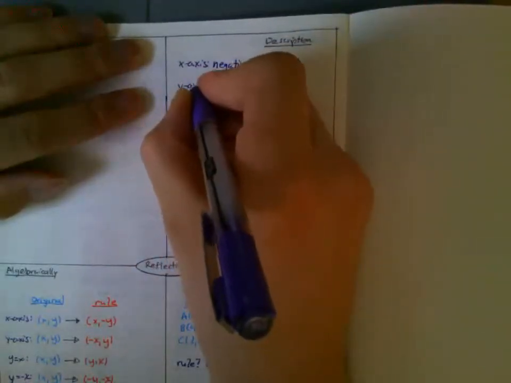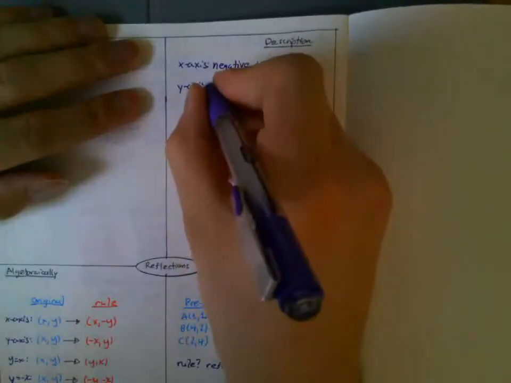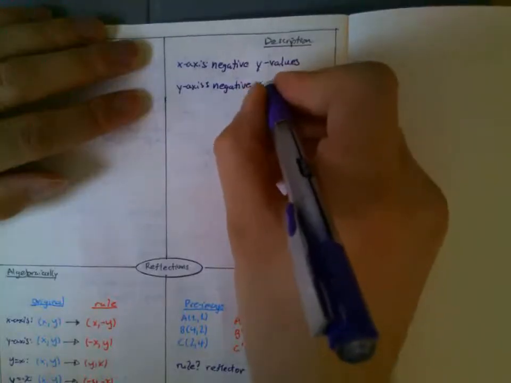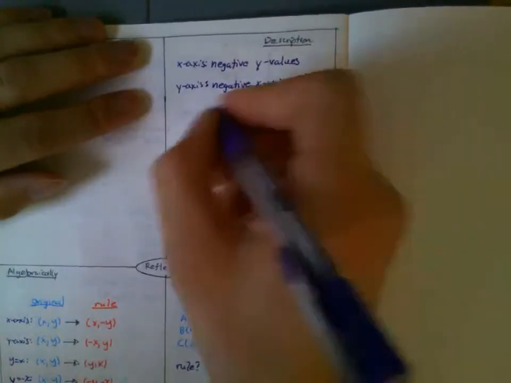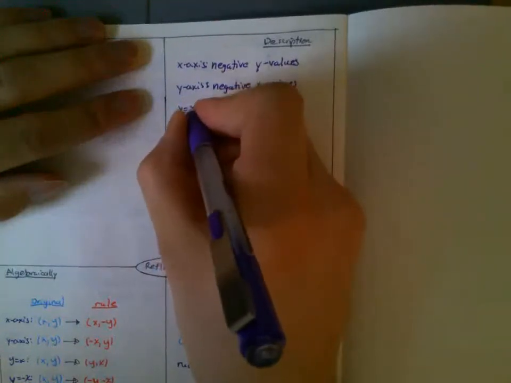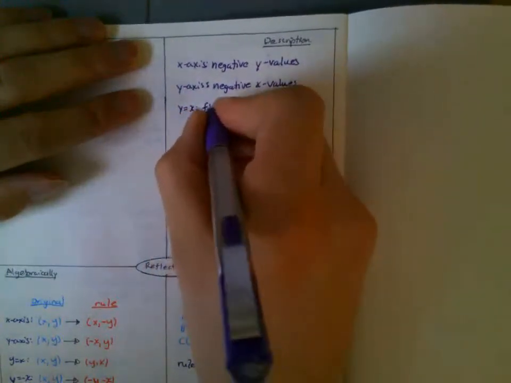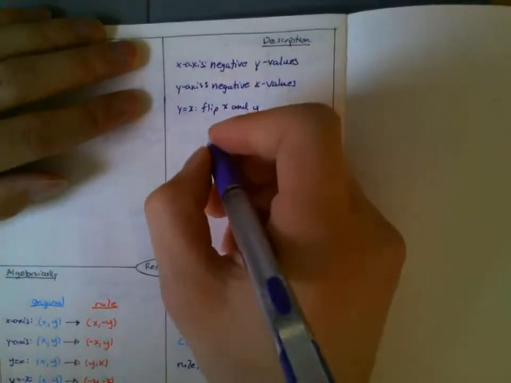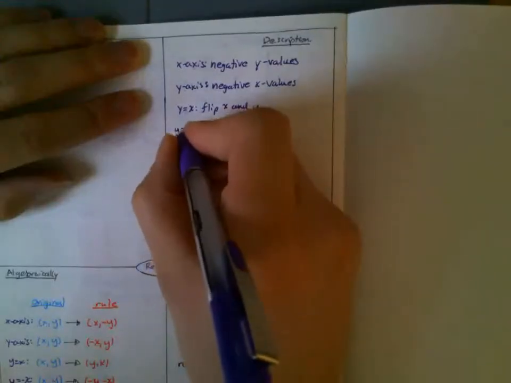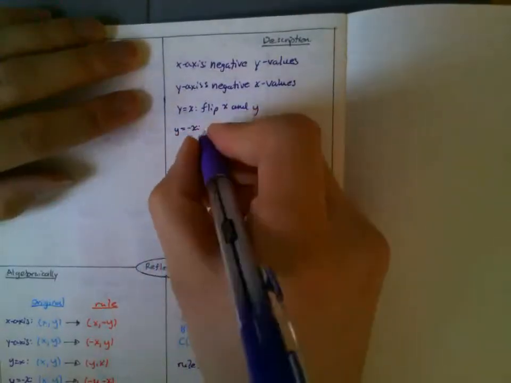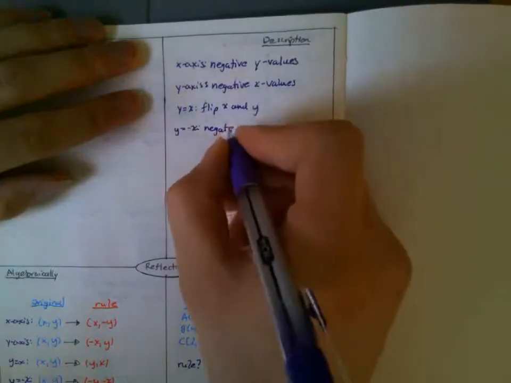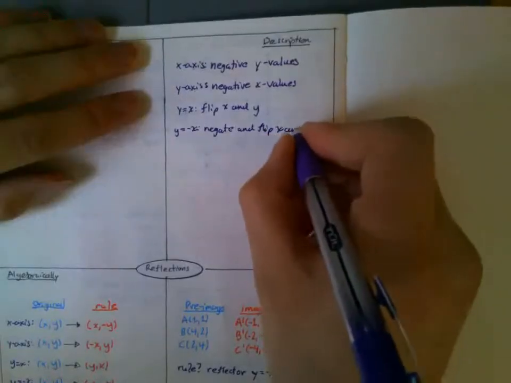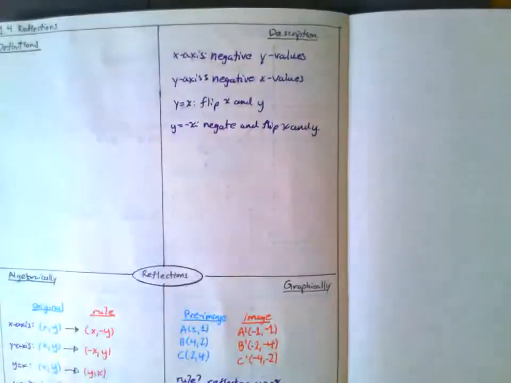For the y-axis, we negative the x values. For y equals x, we flip x and y. And for y equals negative x, we negate and flip x and y. Negate is just a fancy word for saying do the inverse.